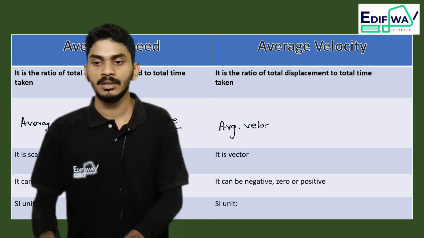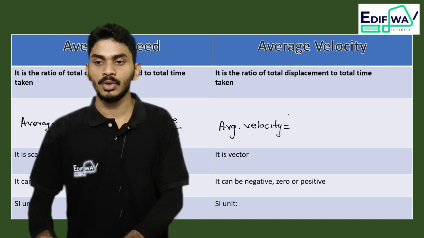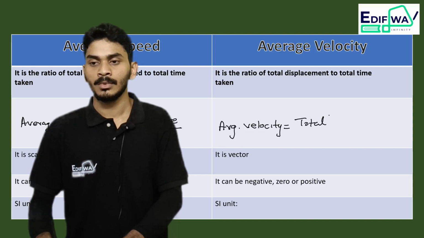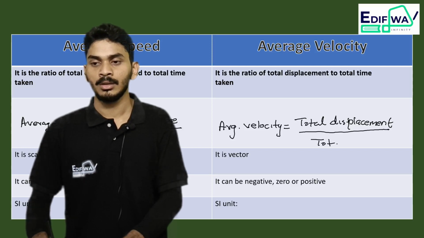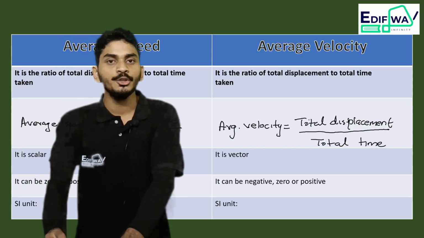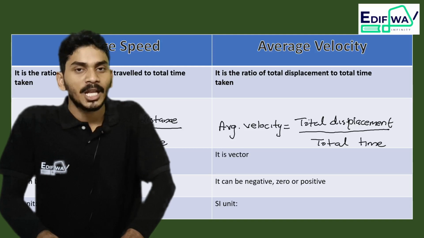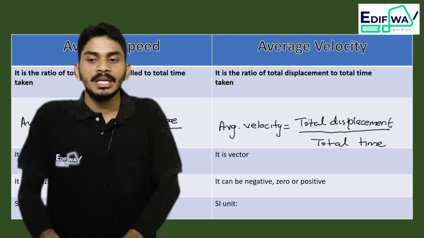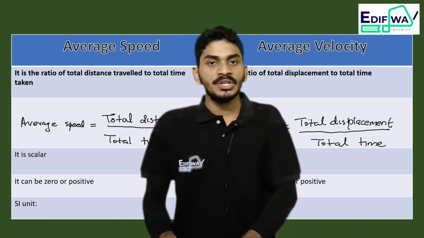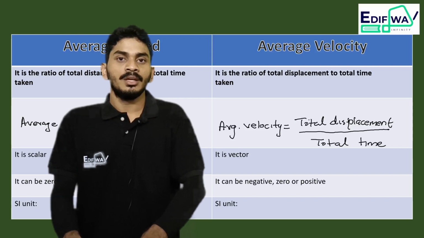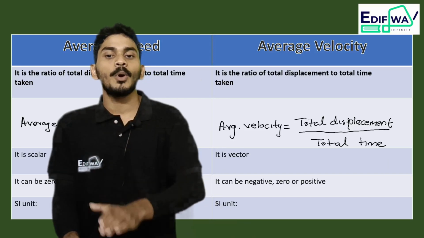Now, how can you write the equation for average velocity? Average velocity is equal to total displacement by total time. And you know that average speed is a scalar quantity and average velocity is a vector quantity. Average speed can be 0 or positive, and average velocity can be negative, 0 or positive.